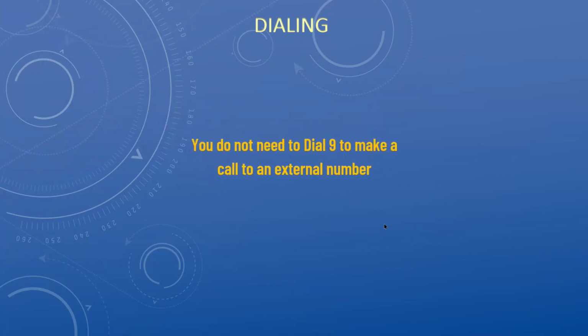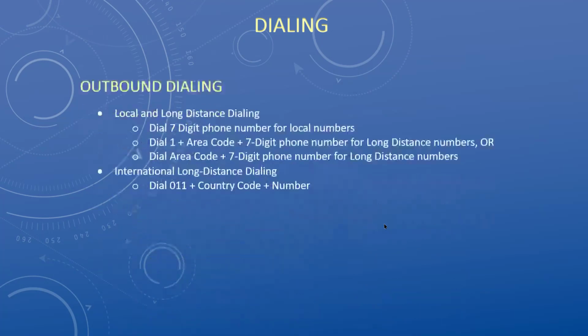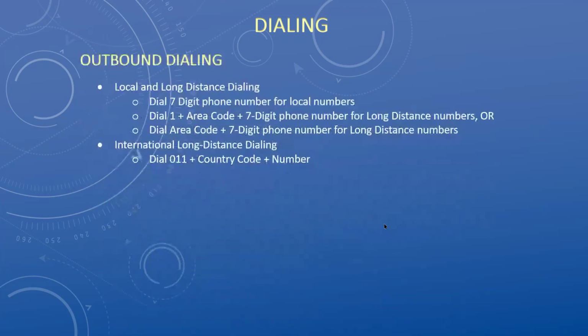Dialing from the phone, you don't need to dial a 9 if you've had to in the past to get trunk access. And we'll talk about how that dialing works in a later page. Dialing is very easy on the phone. If you are dialing a local number, you can just dial 7 digits.